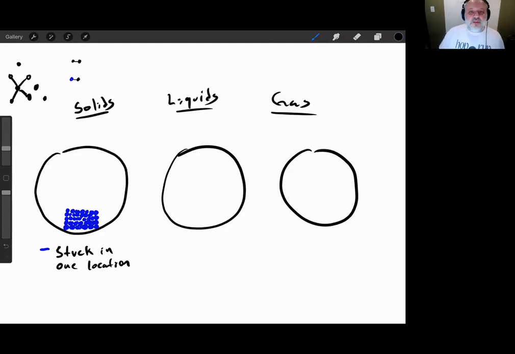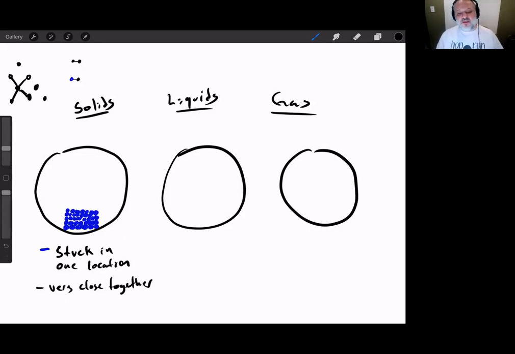Another thing you should notice is that they're very close together. Eventually, you don't really need the words, you just need the picture.